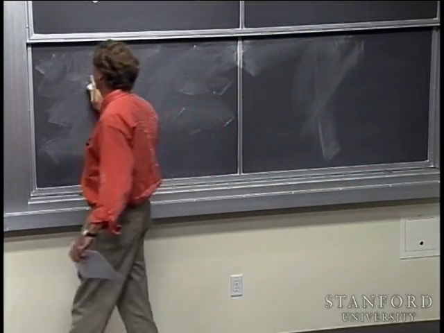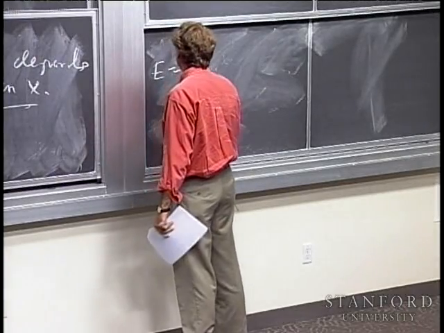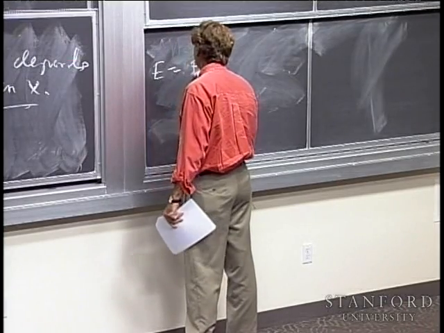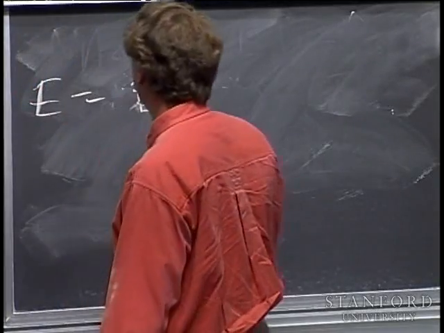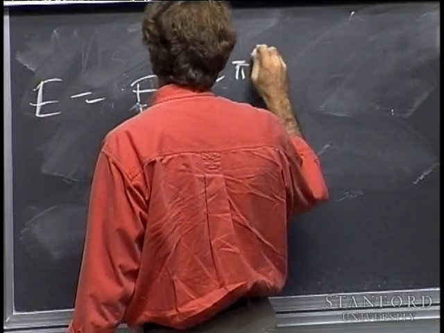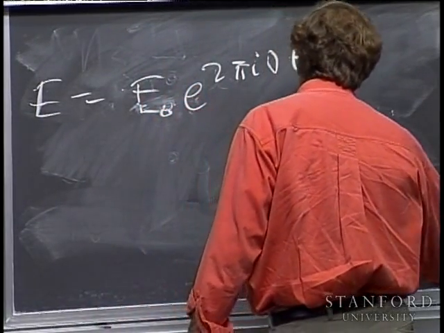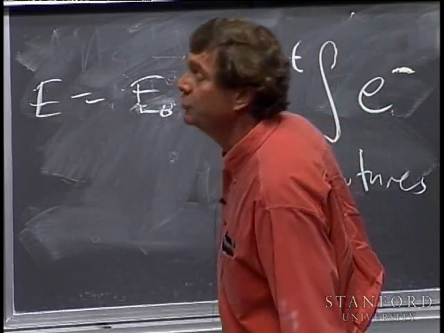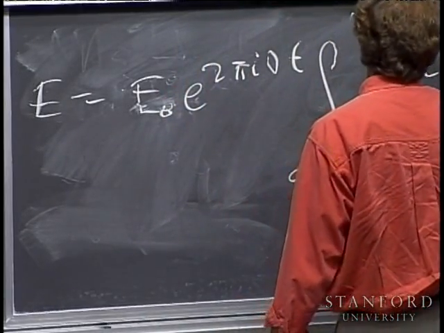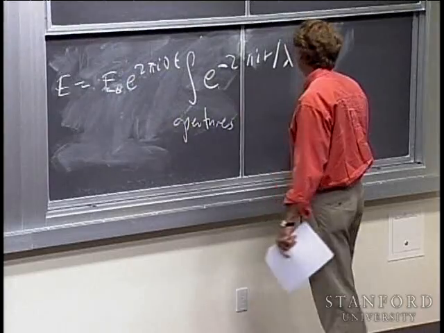So I can write this as E equals E naught, that's a constant, I assume, times e to the 2 pi i nu t times the integral over the apertures of e to the minus 2 pi i r over lambda dx.